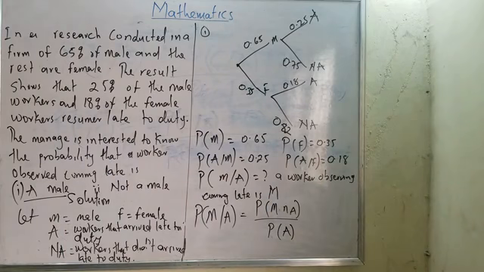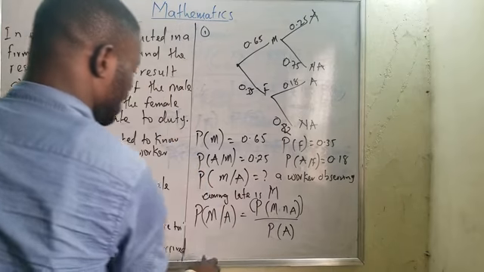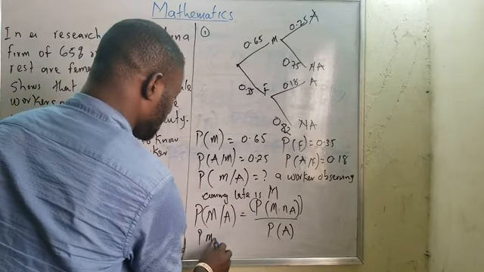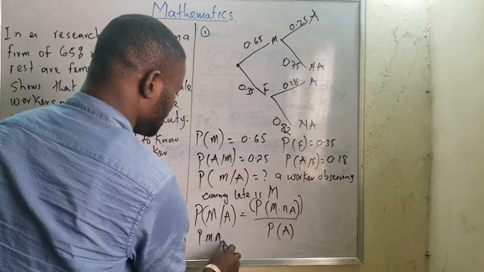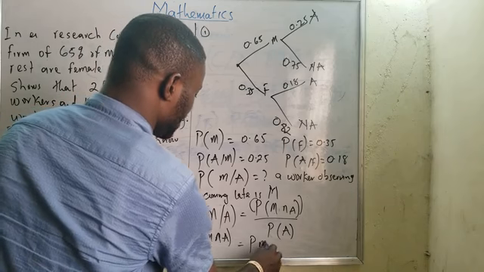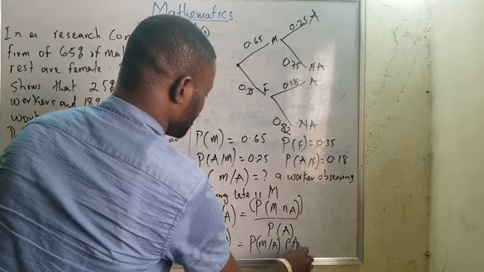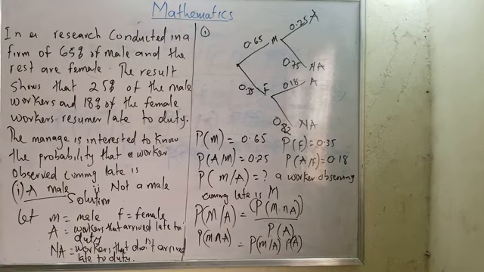Since I have this, we all know that probability of M intersecting A can be equal to probability of M times probability of A of M. Now that is what we are trying to work on there.